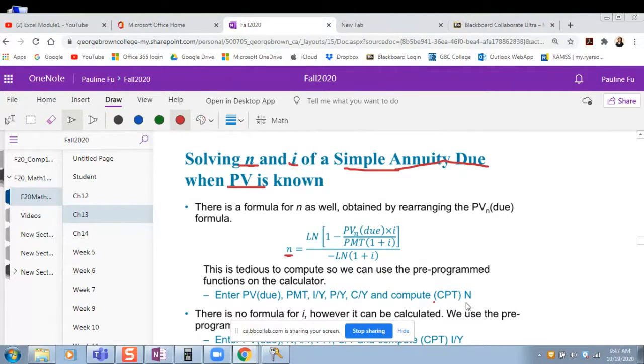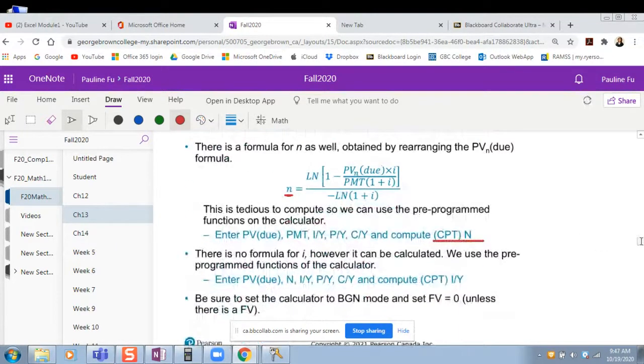We use the calculator to compute N. Remember, if the question involves interest I, there is no formula for interest I, but you can use the calculator to compute I/Y to get the interest.